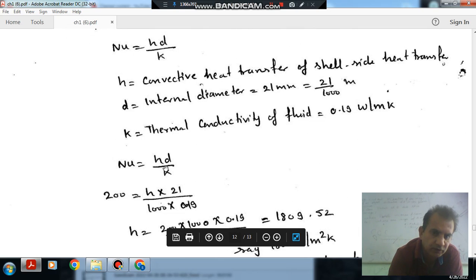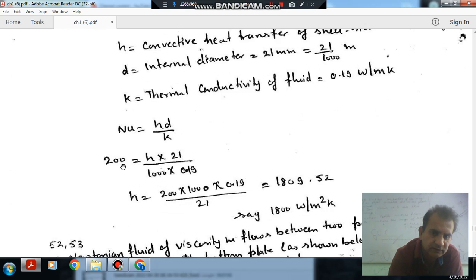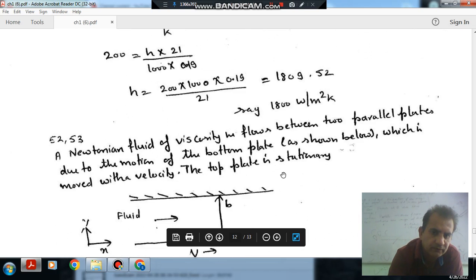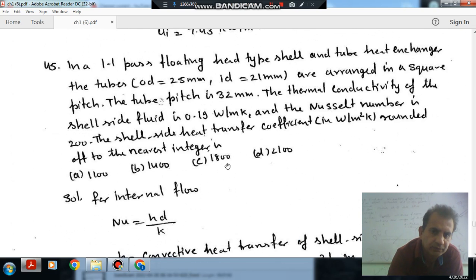Putting the values, because Nusselt number is given as 200, we can find H is 1809.52, or approximately 1800 watt per meter square per degree. So the answer is option C.